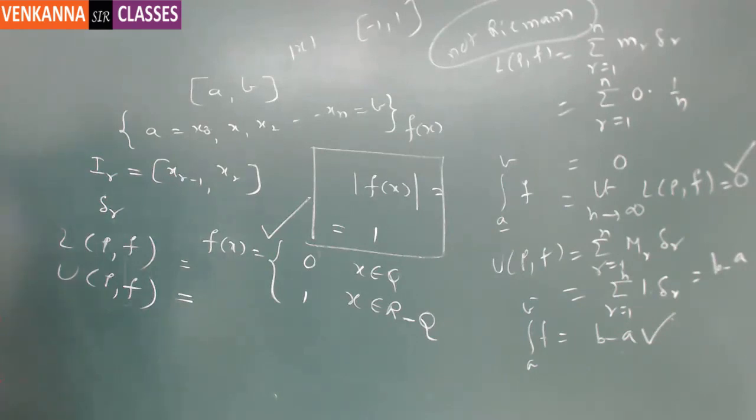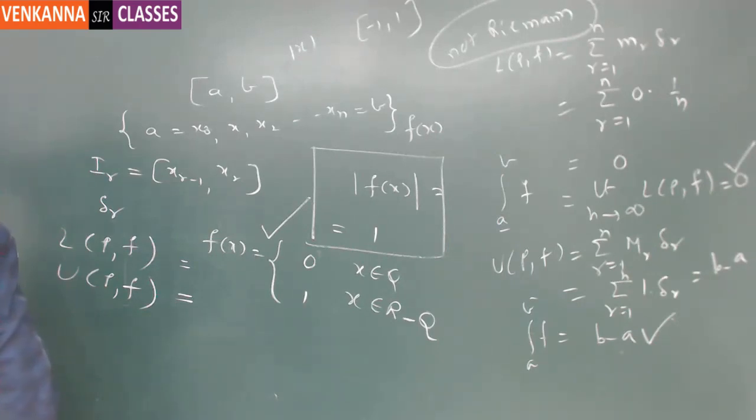Because we have different results, if you define the function like that, with 0 and 1, is it a continuous function? We have done a similar kind of problem.